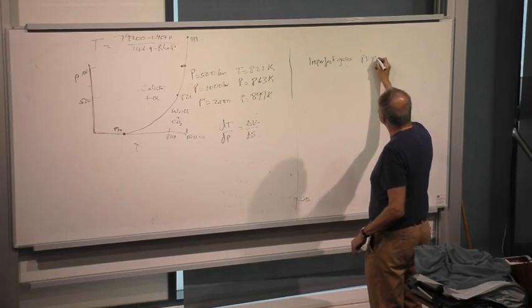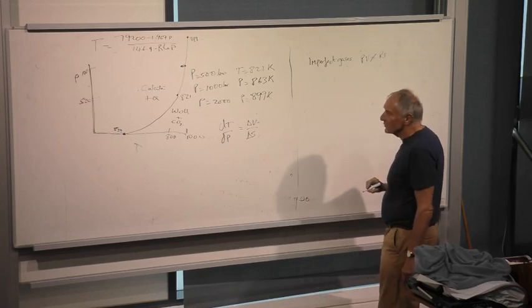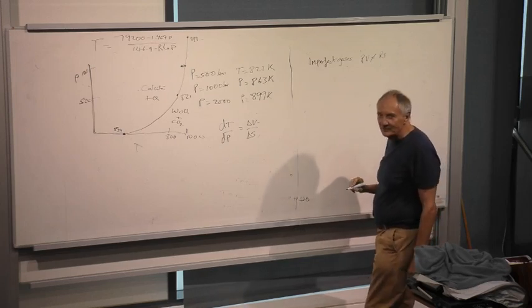PV is not equal to RT, but we introduce a thing called the fugacity coefficient.